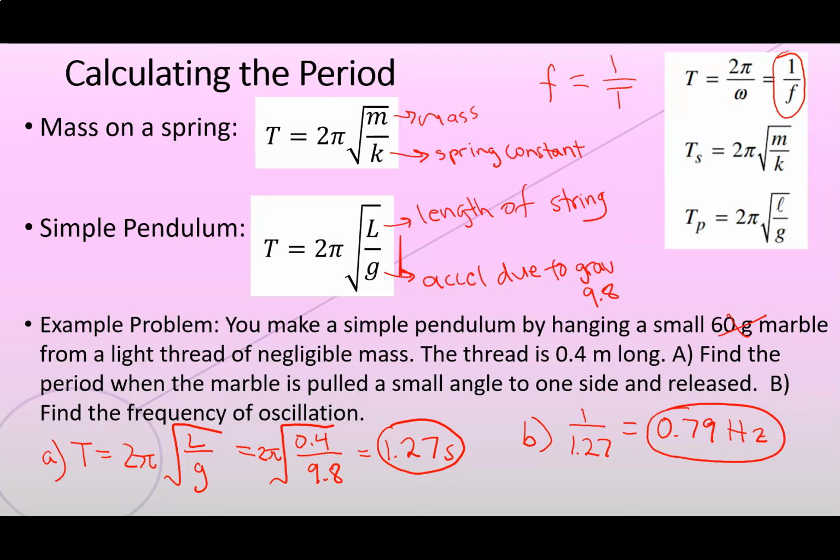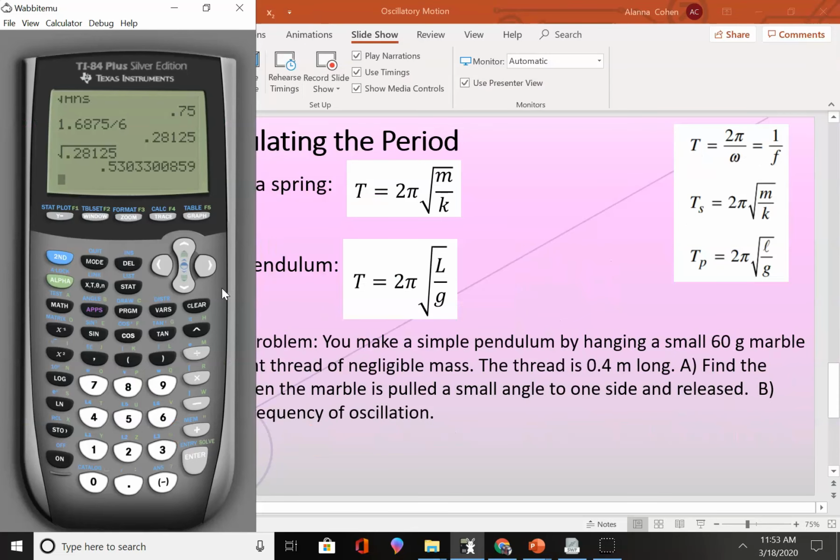Now I do want to show you a brief calculator trick for getting the inverse. It'll make your life for this unit a bit easier. I'm just going to show you how I would plug in the problem. I would first do 0.4, and so on.